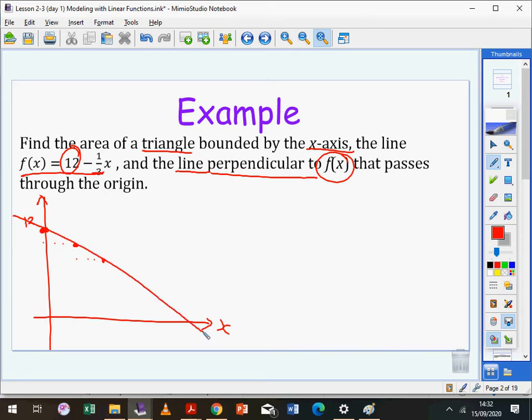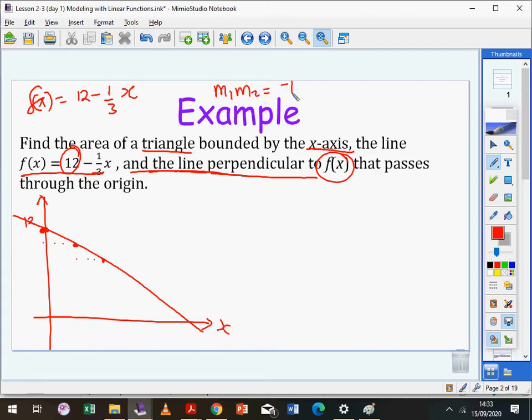Okay, so that line, and then another line that is perpendicular to f of x. Since f of x is 12 minus 1/3 of x, for another line that's perpendicular to f of x, remember if lines are perpendicular, then the product of their slopes is negative 1.